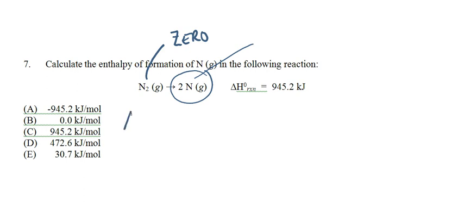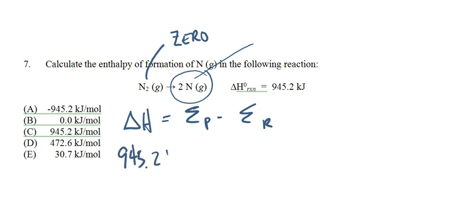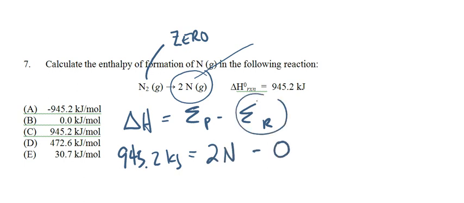Also, do recall that when we talk about enthalpy, it's the sum of the products minus the sum of the reactants. Now, this is a really easy problem because it says the heat of reaction is 945.2 kilojoules, and then the products, well, we have 2N minus 0, because again, our reactants have a value of 0, so this becomes pretty darn easy.